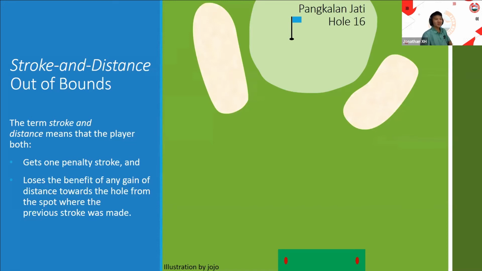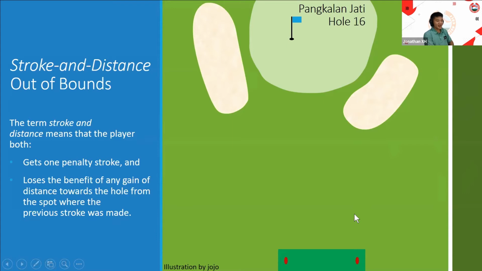If anyone knows what's on the right of hole 16, you can type in chat. It's a cemetery. Now, the cemetery is walled off with a stone wall, and that wall is not declared, but is defined as out of bounds. And the wall here is this white line down the right, and the dark green is the cemetery.